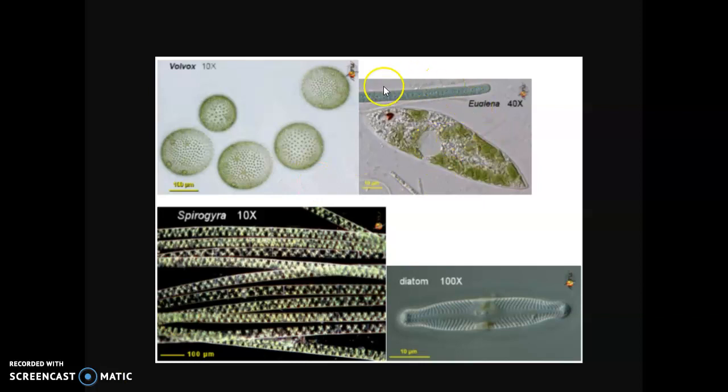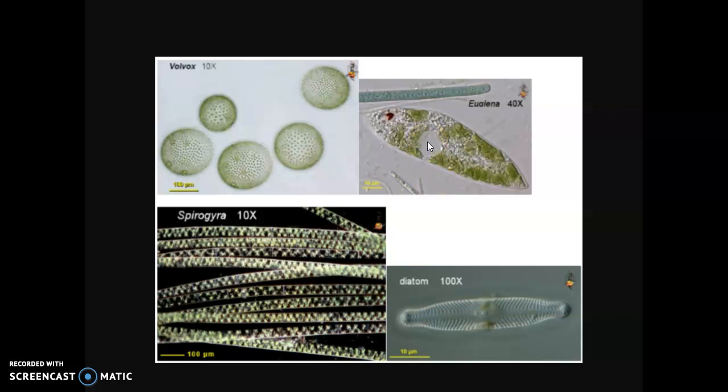So here we have Euglena, and you'll notice that it's green because of its chlorophyll. Euglena, like other algae, is photosynthetic, so it will be able to absorb sunlight and make its own food. You'll see this little area here that looks like it's almost a hole in the cell, and this can be used to take in water and then eject that water.